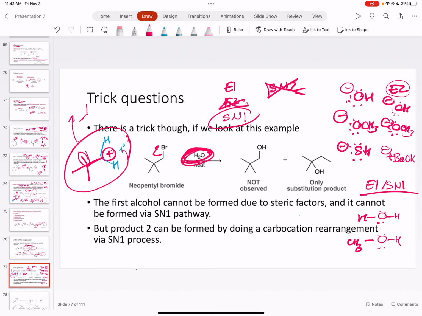Let's see, 1, 2. I want it to look the most like it possible. So then let's see. Okay, so then once we do that, our positive goes there. We have 1, 2, and 3. So then we have a tertiary, meaning that that one's more stable.